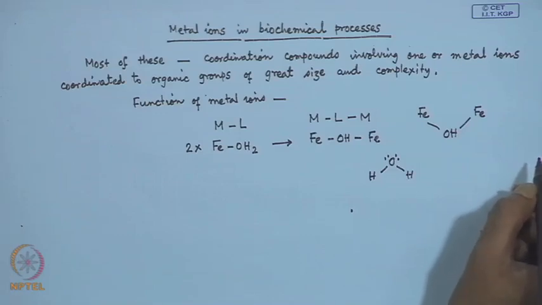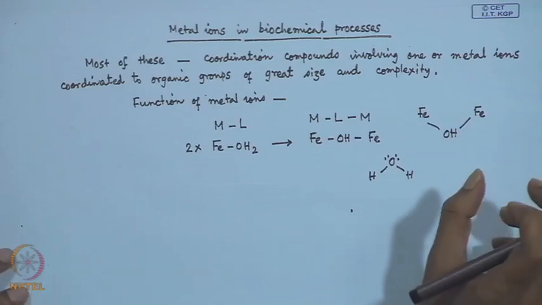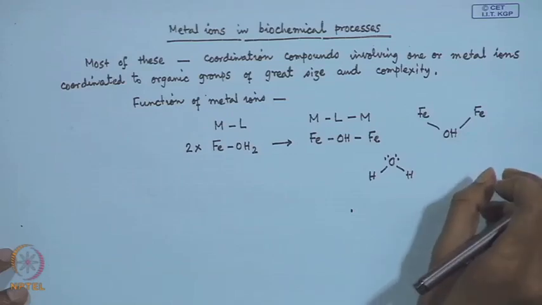But the neutral water molecule is not strong enough to bridge that particular unit where you have two metal centers. So, if they go for deprotonation, that deprotonation will provide a charge on the group. So, it is a uninegative charged species like OH minus.